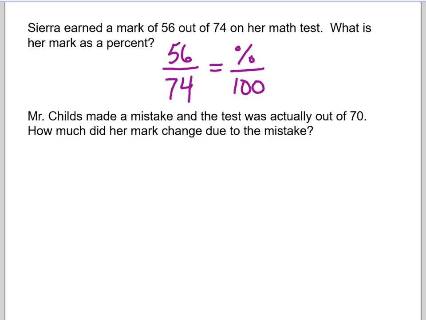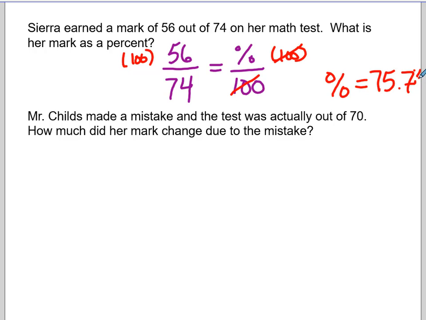If we multiply both sides by 100, these cancel, and we can go 56 divided by 74 times 100, and we would get a percent equal to 75.7%.